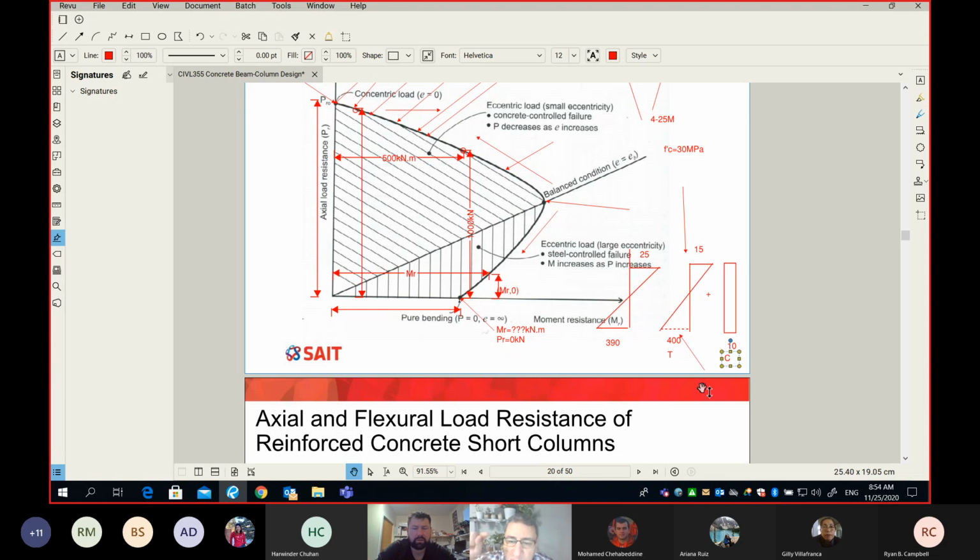So 400 is tension, while the 10 is compression. That's the part I was getting confused on. So that's why it's 390. It's not 410. It is 400 tension, and we applied a force that causes stress over the section of plus 10 compression. So what you end up with is 390 tension. Yeah, I'm with you now.